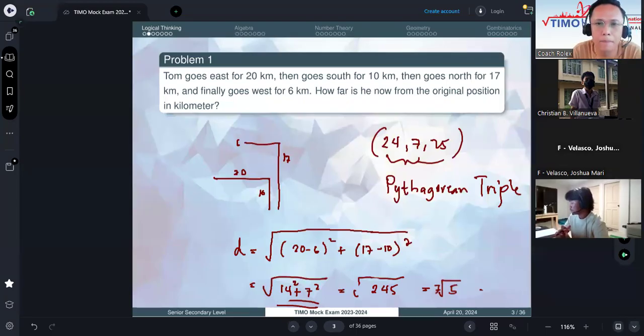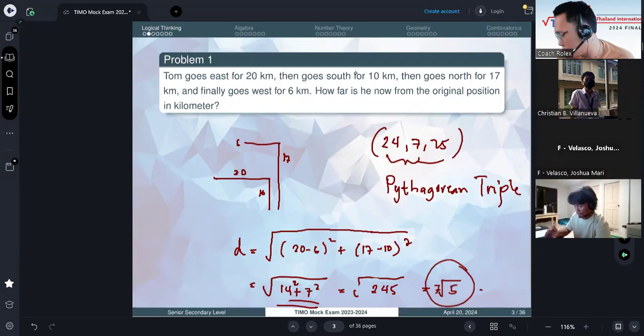Okay, it's 20, so the answer is 7 square root of 5. Anyhow, the way of solving this is still the same. The only issue here is the given.